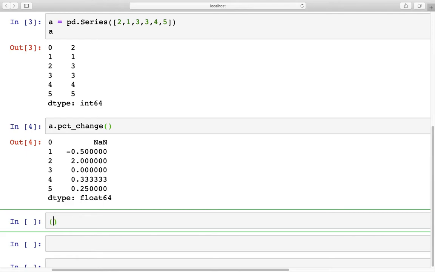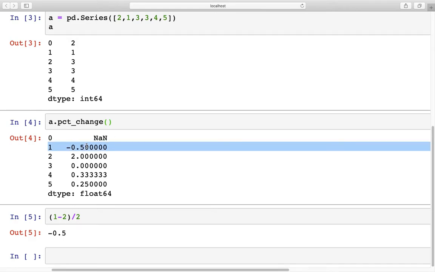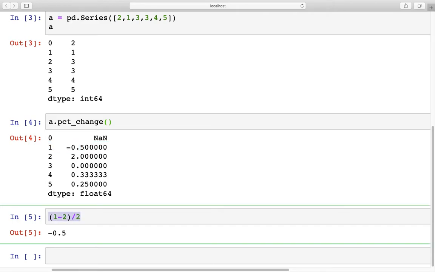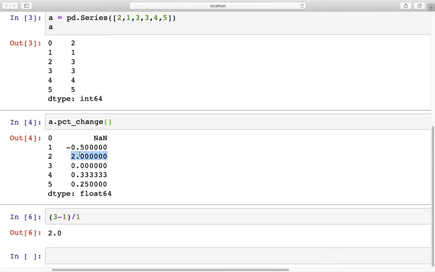So here we would have 1 minus 2 divided by 2, and that's the minus 0.5 we have right here at index 1. And similarly for the second one, the new value is 3, and we have 3 minus 1 divided by the old value, which is 1, and thus we have the 2, which is right here.